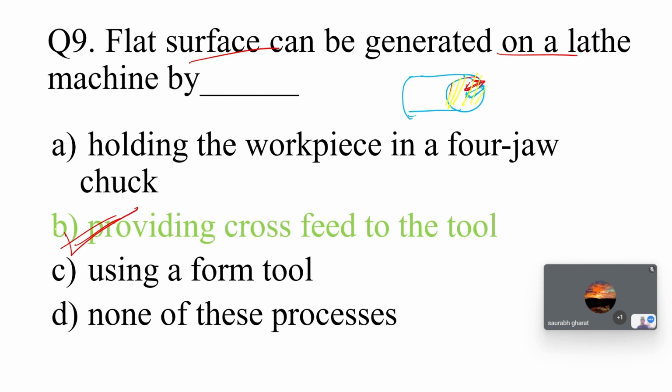When you provide cross feed like this, you will get the flat surface generated. So cross feed is the correct answer here. The other options, using a form tool and holding the workpiece, are wrong. Providing cross feed is the only correct answer for getting a flat surface on a lathe, which means you are doing a facing operation.